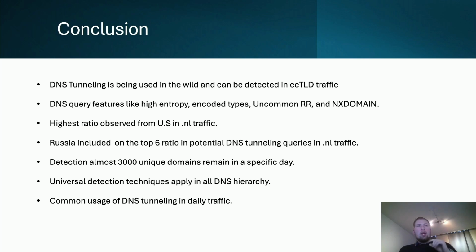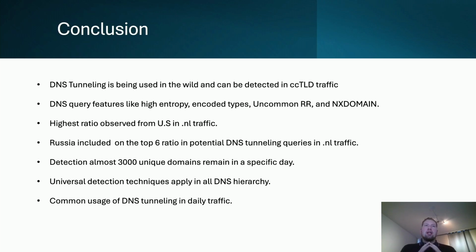Another interesting observation that we have, you can see more about it in my research paper. We detect that after the implementation of the custom detection rules, almost 3,000 unique domains remain in a specific day as potential DNS tunneling domains in this day.